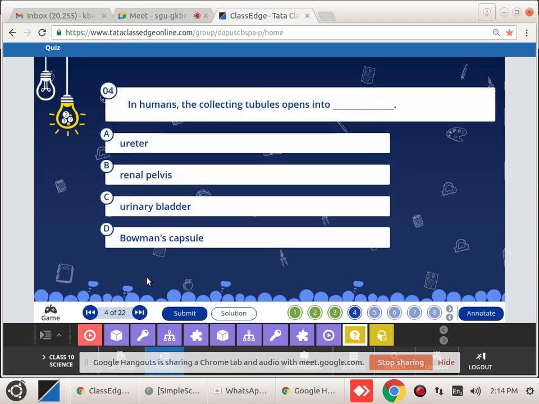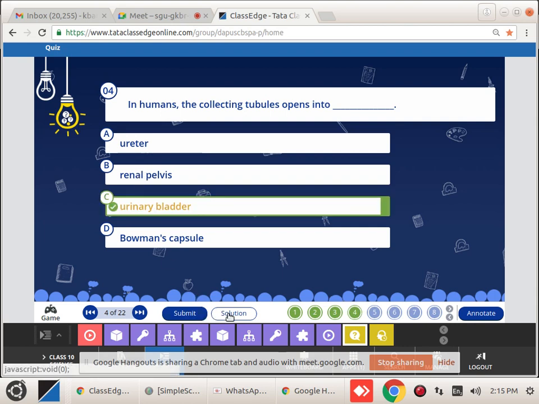In humans, the collecting tubules open into: ureter, renal pelvis, urinary bladder, and Bowman's capsule. Just now I have shown you the 3D diagram, the 3D video in my PPTs. So obviously when we are talking about collecting tubules, first of all ureter, but before ureter maybe pelvis.